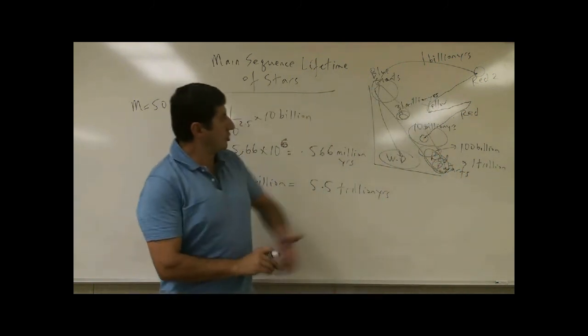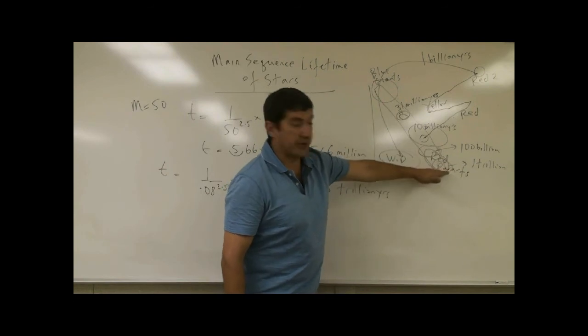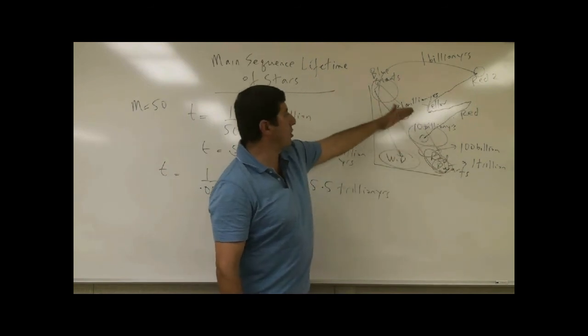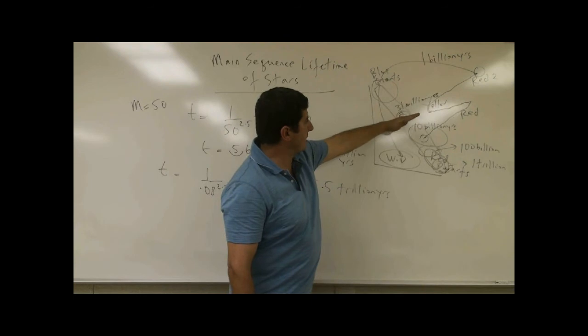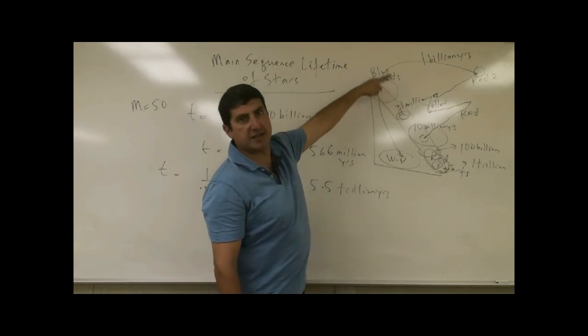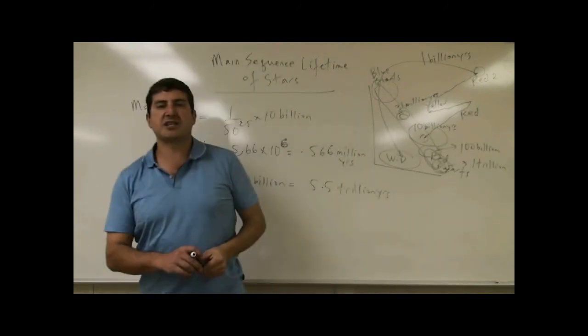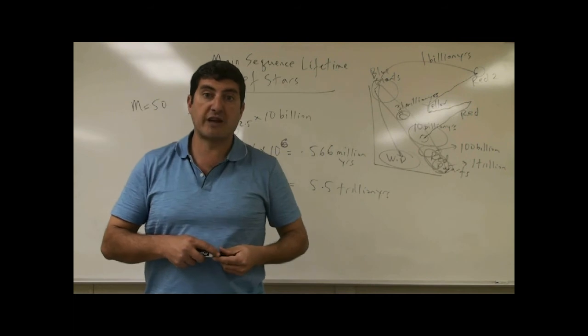So you're talking, our sun lives 10 billion, down here 100 billion, possibly 1 trillion, and then you go 1 billion, and then you go down to 31 million, and then you go 10 million, 1 million, and so on, as you go up the main sequence. So they live very short lifespans.